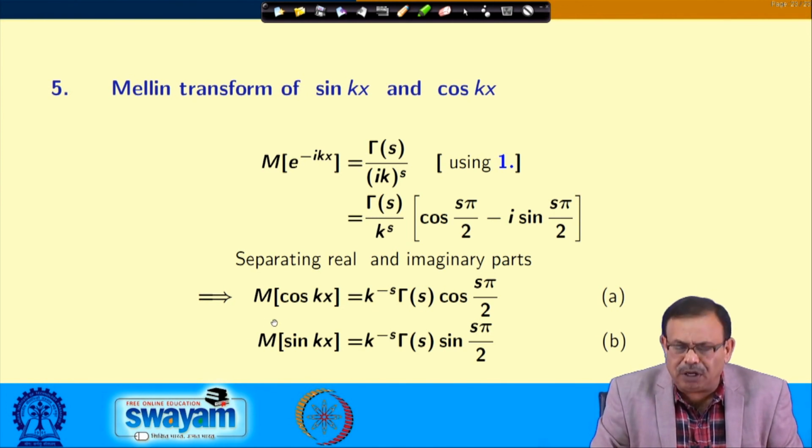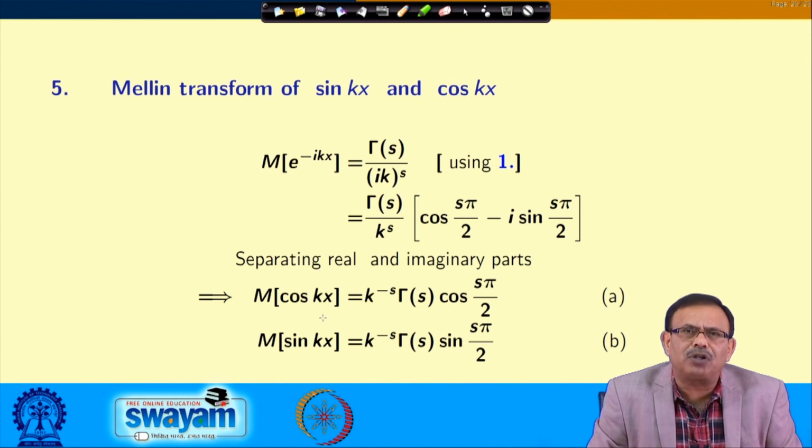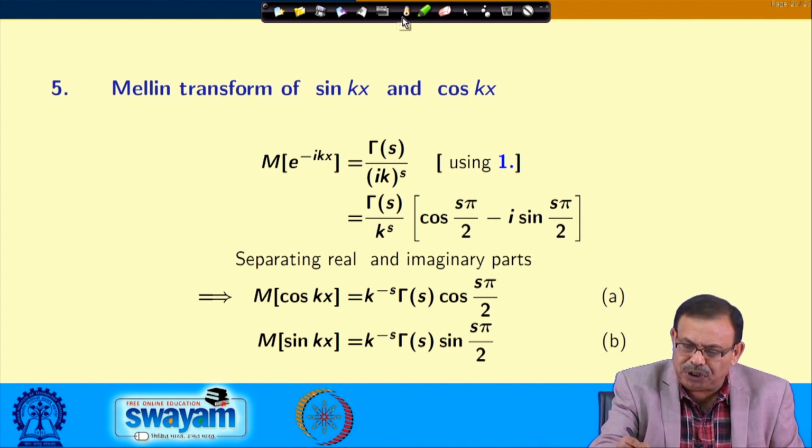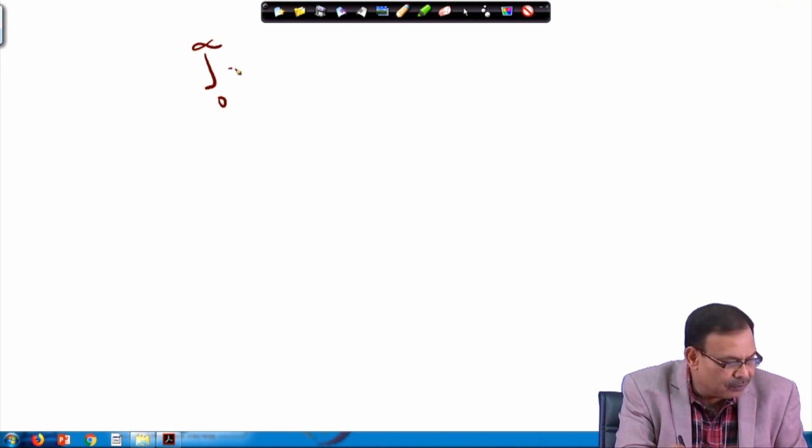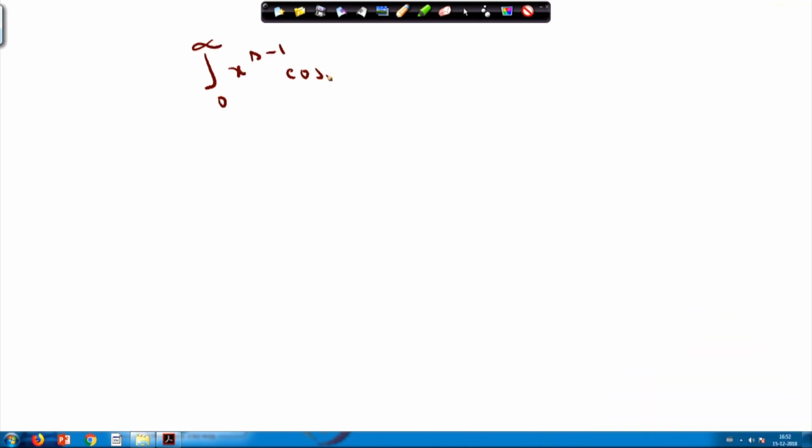Now, I will see, using the Mellin transform of cos kx, can I find out the Fourier transform of this. To do this, the integral from 0 to infinity of x to the power s minus 1 cos kx dx is nothing but the Mellin transform of cos kx, whose value we have just now evaluated: gamma s by k to the power s into cos of s pi by 2.